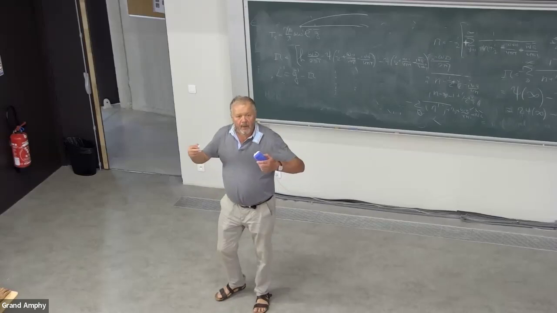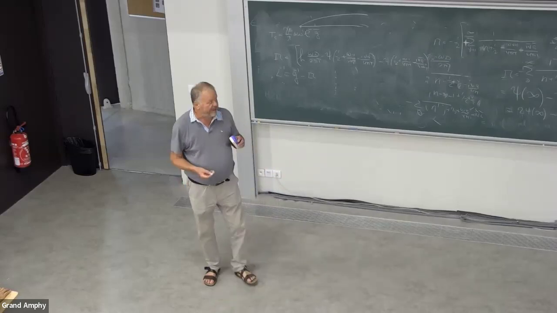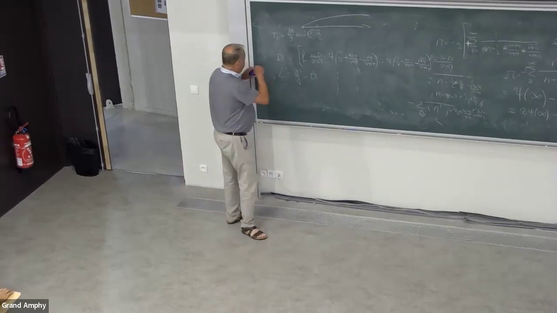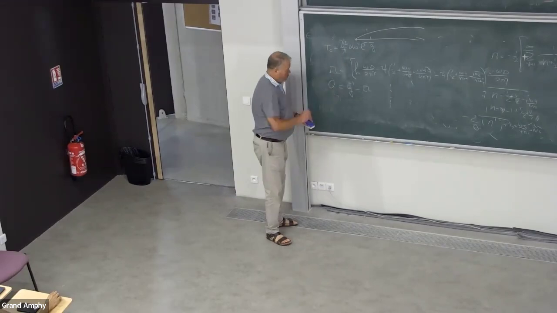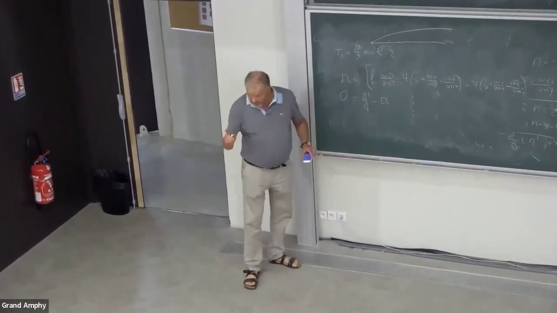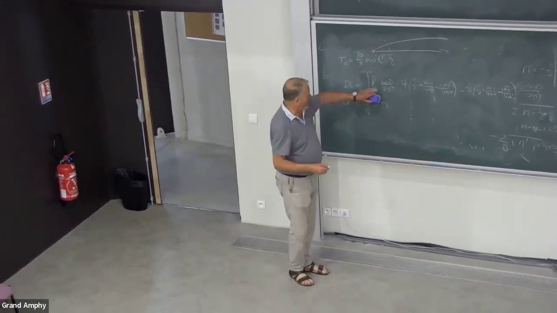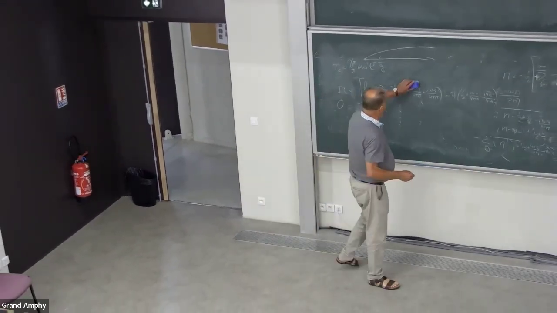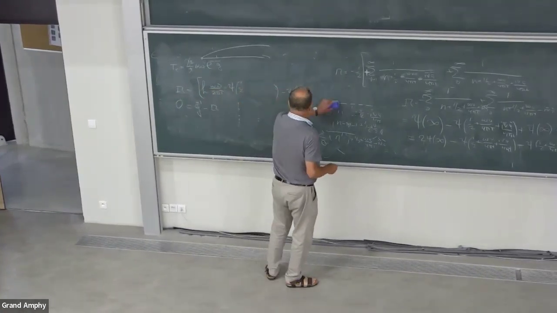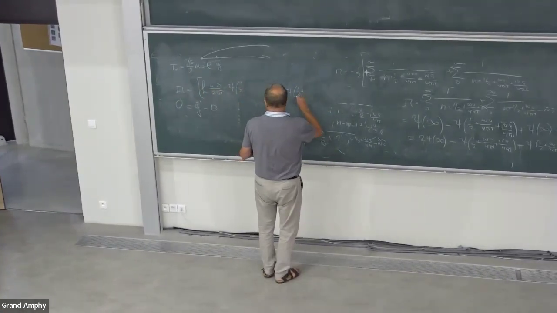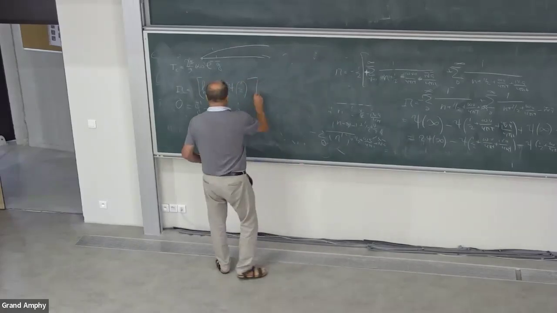So this two-particle Green function should have a pole. If it has a pole, then L minus 1 should be 0, at zero frequency and at zero momentum. Exactly. So I took this and put it here, and it will be minus 2 C function of 1 over 2.